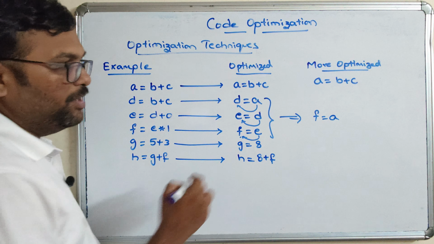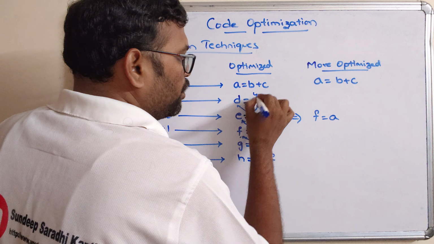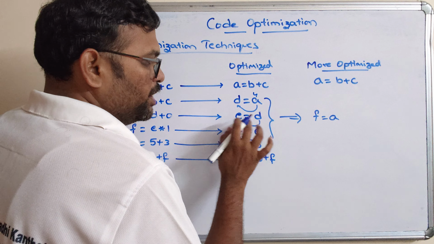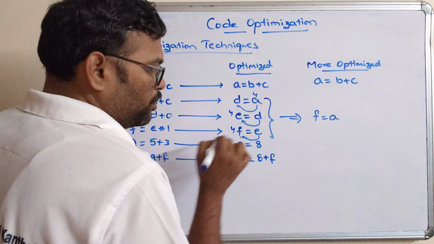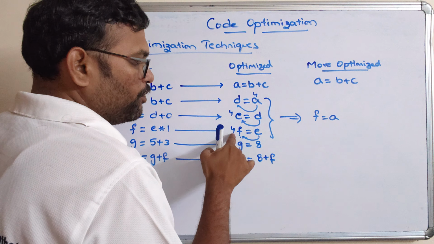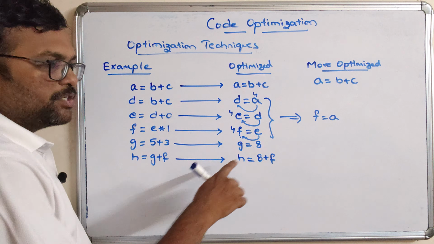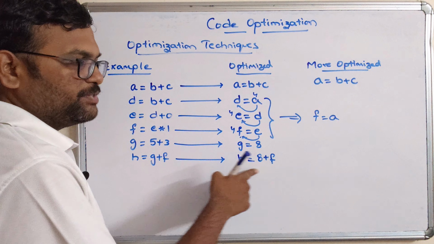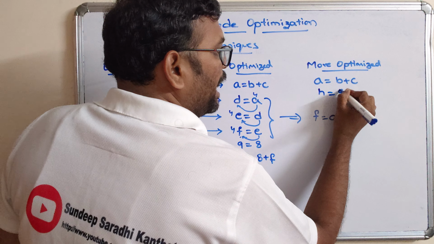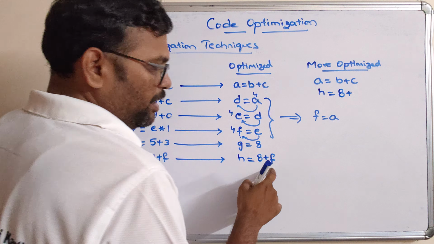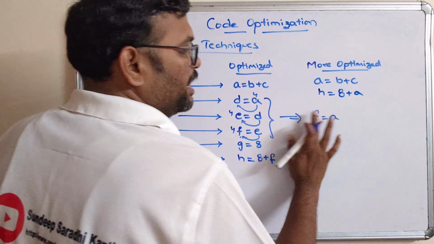If a is 4, you can see d is equal to 4. So e is equal to d means e is equal to 4. And e is equal to 4 means f is equal to 4. So that means a is equal to 4 means f is equal to a. So that can be replaced in this one. In the second one, h is equal to 8 plus, instead of f we can write a.